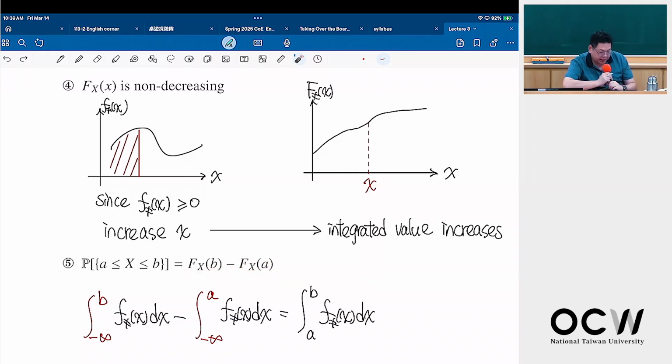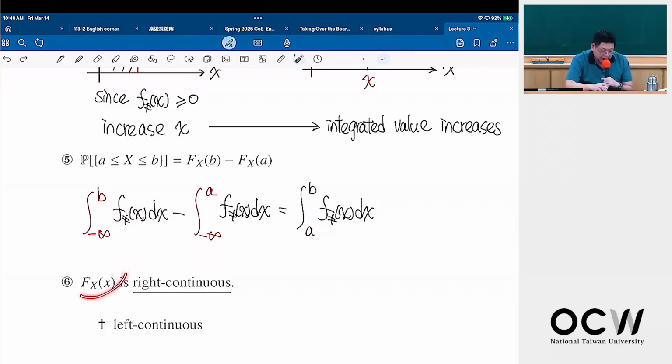And you can see that the CDF is non-decreasing, going up. Non-decreasing means sometimes it can be flat, and still go up, from 0 to finally 1.